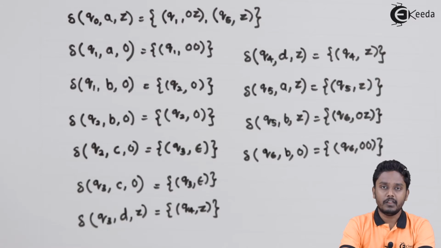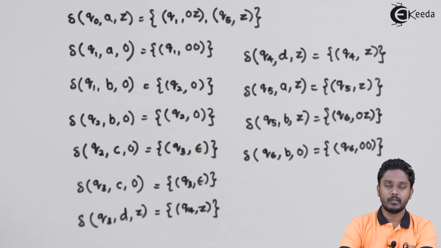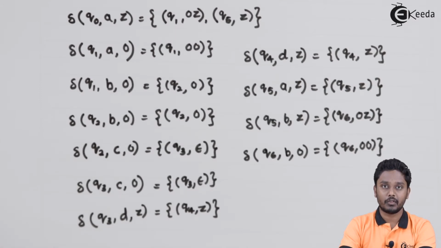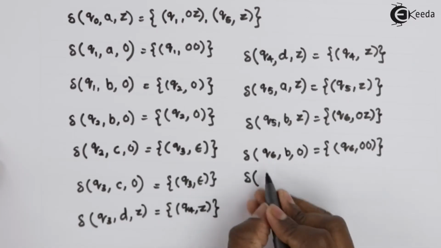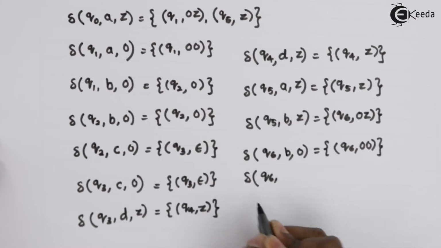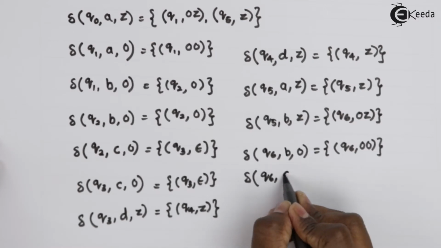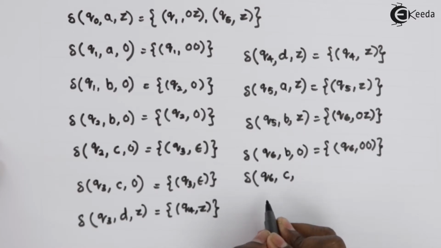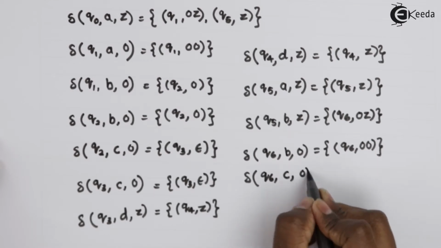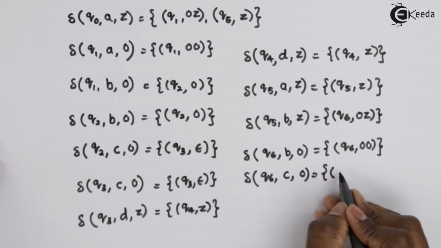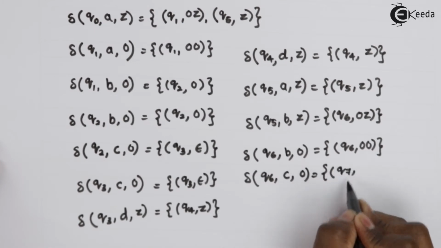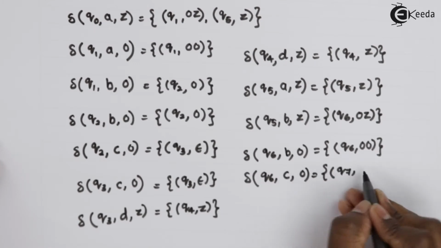On encountering C, we need to skip them. So for that, we're using the state Q7. Delta of Q6 with C, 0 as the top of the stack. We will have Q7, keeping 0 as it is.